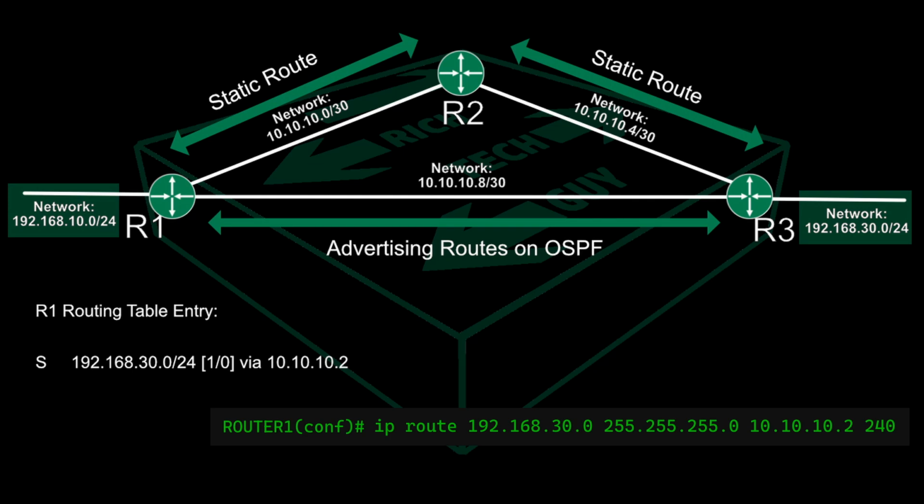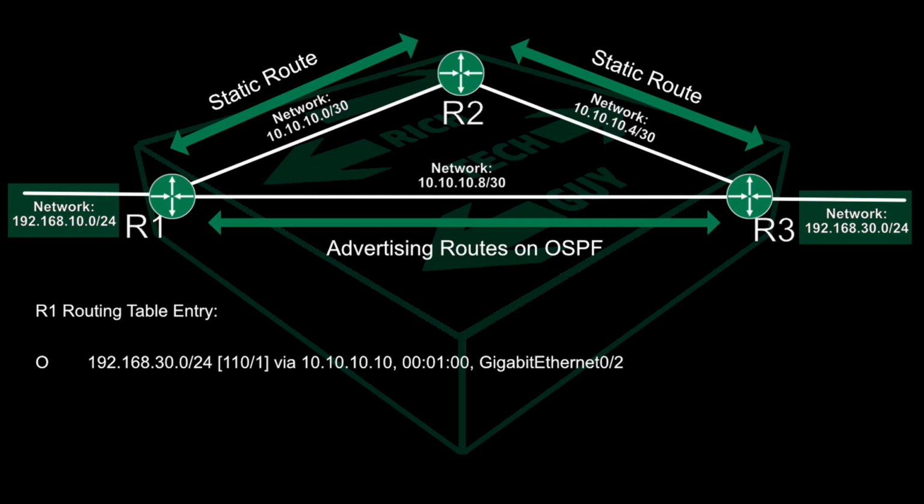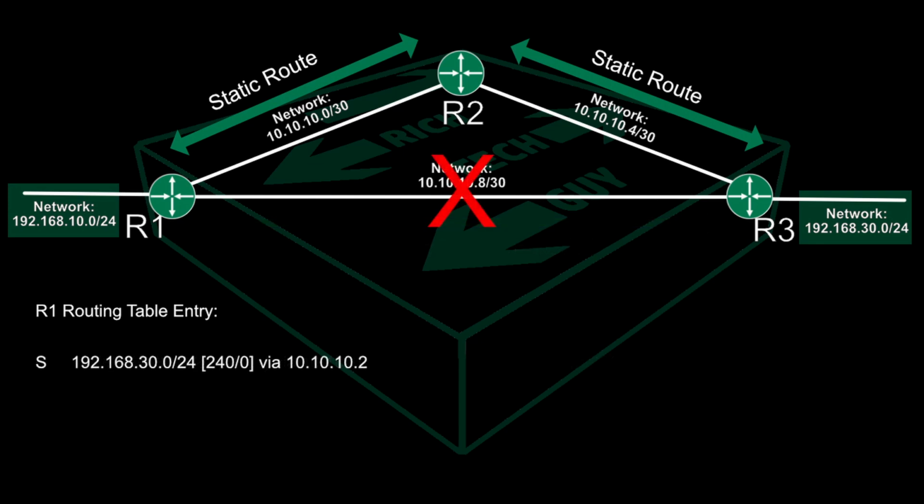And that will be the AD value for that static route. So the router is going to prefer the OSPF route because OSPF has an administrative distance of 110. Now, if for some reason that OSPF route fails, the router will still have that static route as a backup option. So that is a conditional static route.